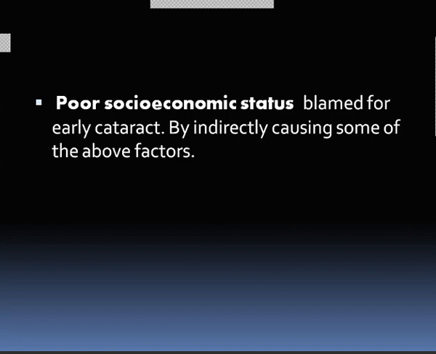Because of the things which we discussed: exposure to the ultraviolet radiation, not taking the balanced diet, and dehydration, not taking the proper intake of water. In all these cases, they are not aware of the risk factors, and also they have to work for their livelihood in the hot summer or the hot weather, so that exposure to the ultraviolet rays leads to the cataract formation, especially in the poor socioeconomic group.